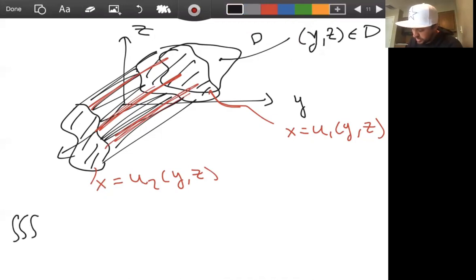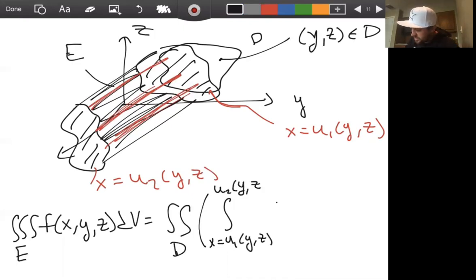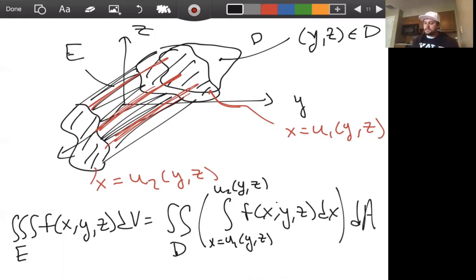And so the triple integral over this region E of f of x, y, z dV is going to be the double integral over this domain D of the integral where x is going from u1 of yz to u2 of yz of f of x, y, z, and now dx, right? And then dA.